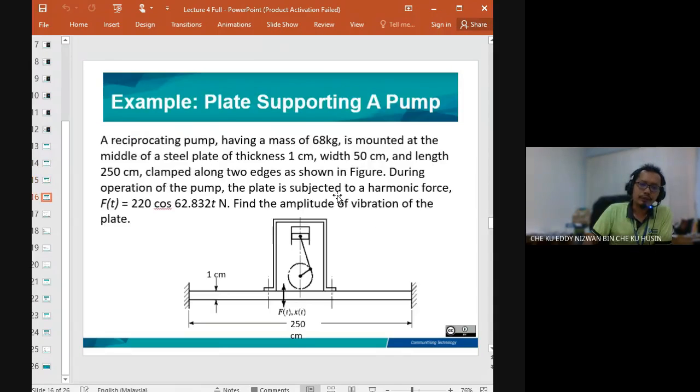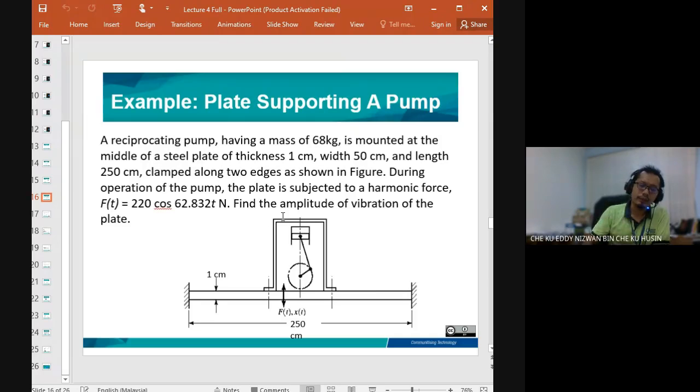So back again to the question. We already have the mass, F naught is given, and omega is given, but the stiffness is not yet.